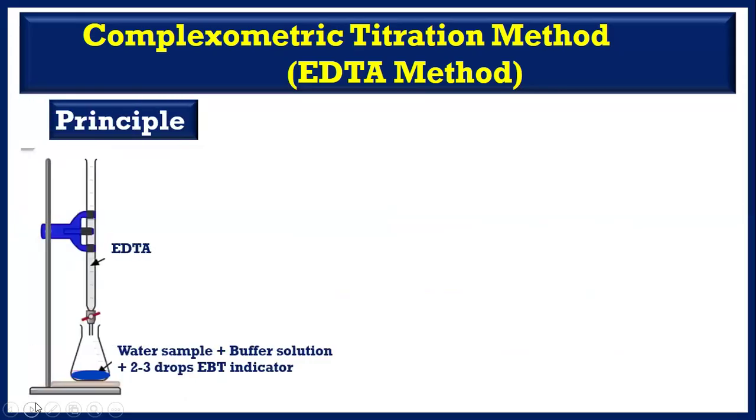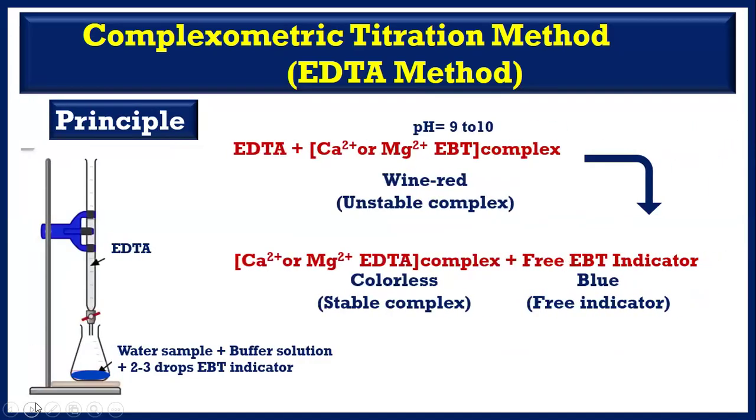Now the point comes when all the calcium and magnesium ions get consumed either with the EBT or with the EDTA. At this point, two types of complexes are there: the EDTA complex and second, the EBT complex. Now what happens when we add EDTA at this point? Since we know that the EDTA complex is more stable, this EDTA breaks the EBT complex.